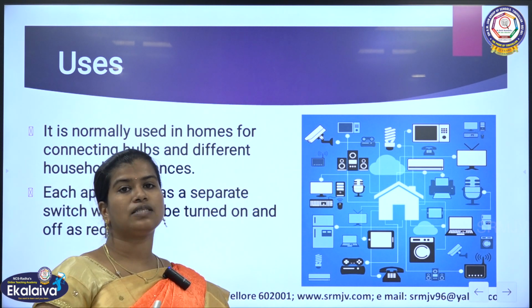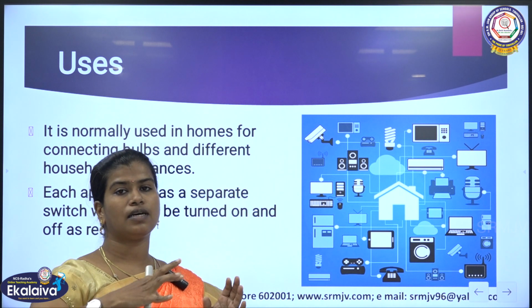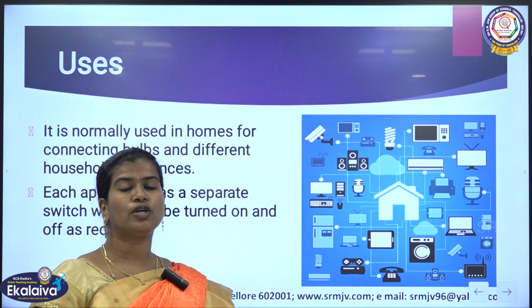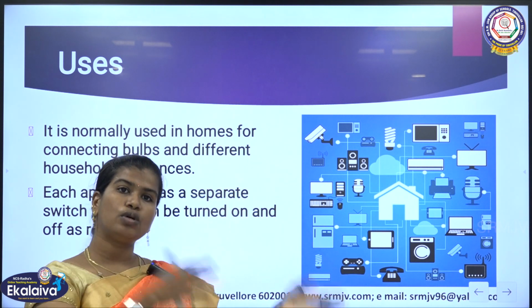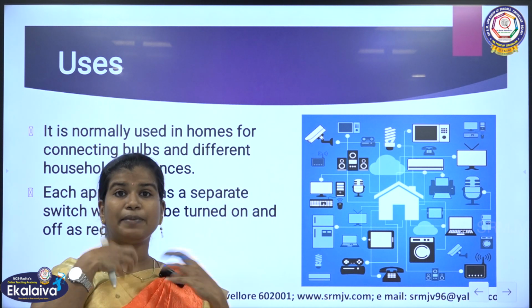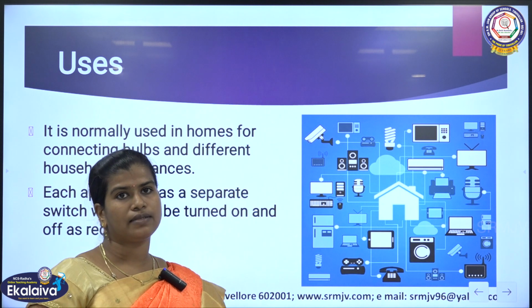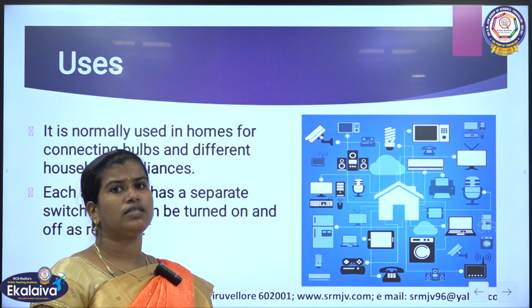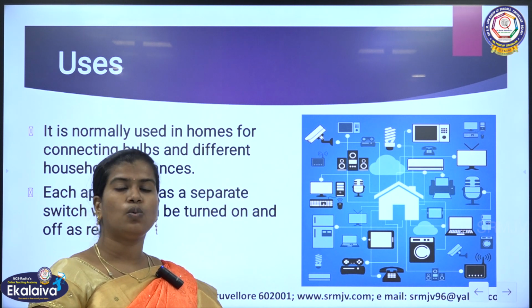When we connect all the appliances in parallel, each appliance gets the total voltage, because in parallel the voltage is the same across each appliance, so each gets 220 volt.